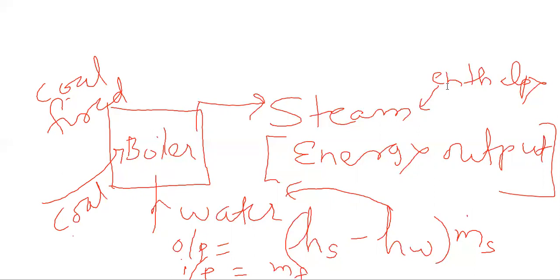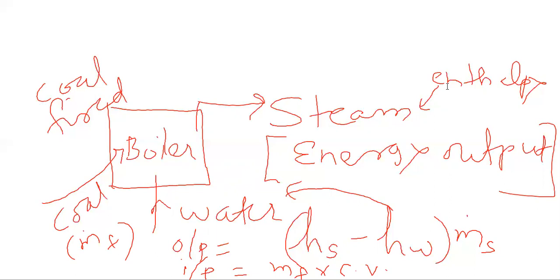In this case, let us say coal was the fuel. If it is an oil-fired boiler, oil is the fuel. And if I put a dot over it, it means that it is a fuel consumption rate. So the fuel consumption rate, m dot f, into the calorific value of the fuel, Cv, that becomes the input, right?